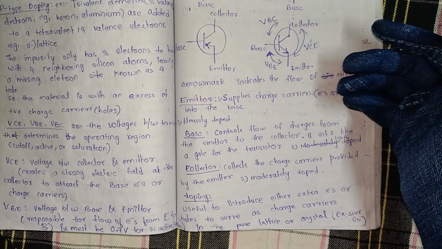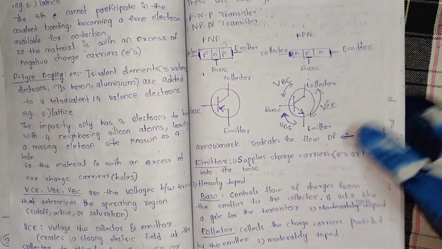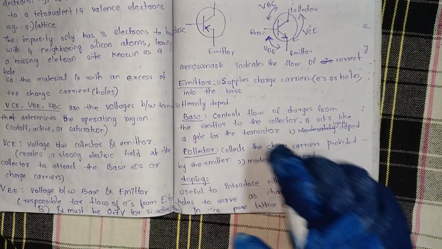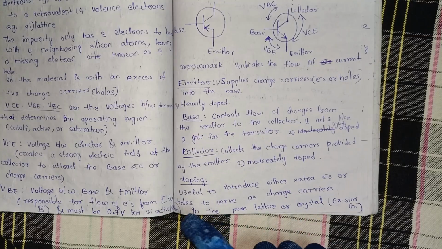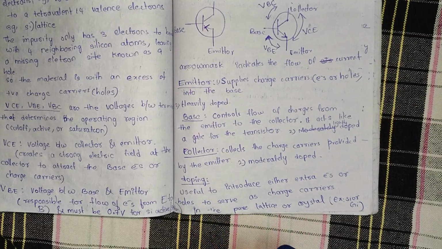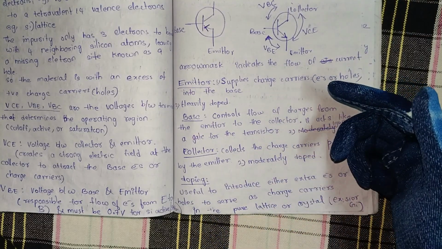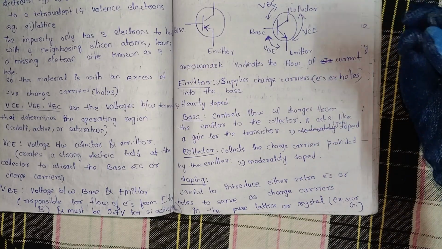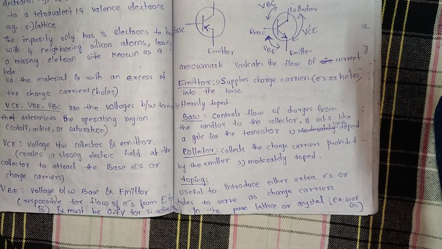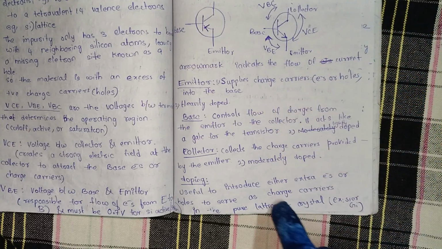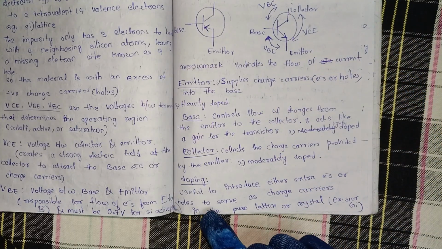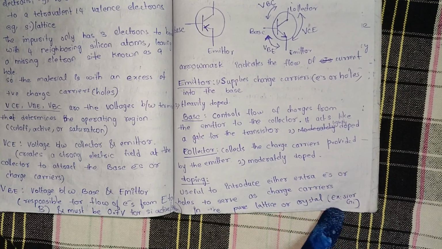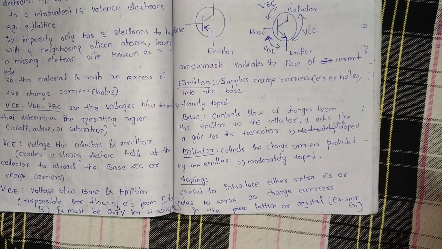Means here the n-type materials are collector and emitter. And or holes. In p-type material, doping introduces extra holes. Okay, to serve as charge carriers in the pure lattice or crystal, silicon or germanium.